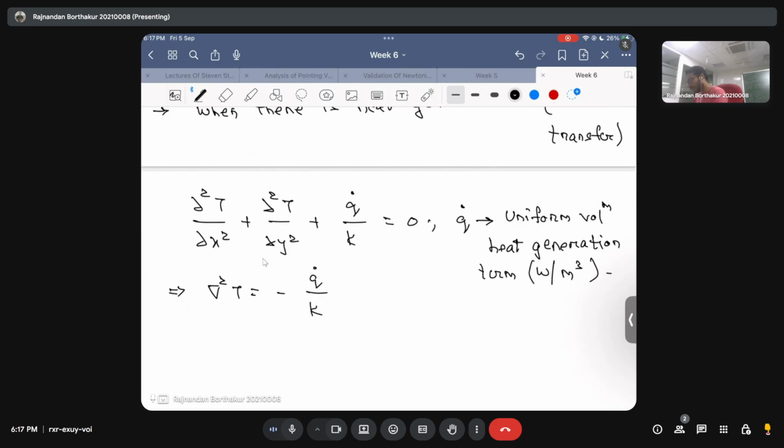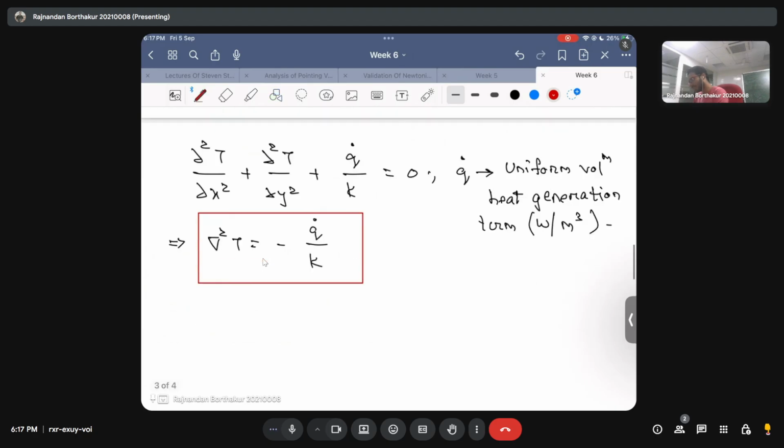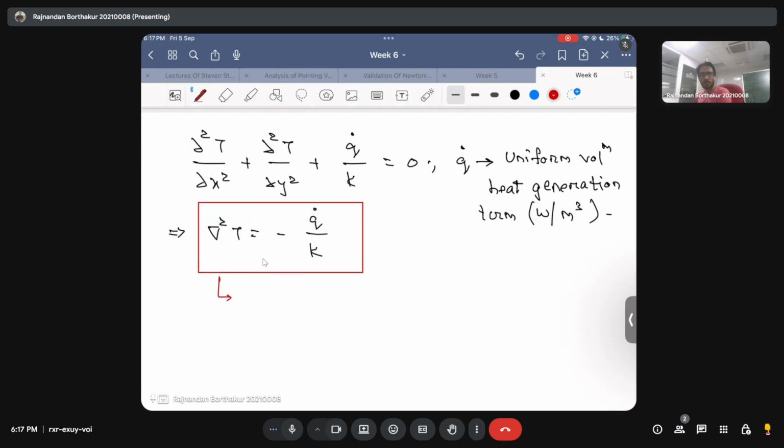And this equation has got a special name. First of all, you need to understand that this is still a linear PDE, linear because we just have the derivatives of temperature in the equation, and we don't have temperature multiplied with its derivative or squares or something like that.